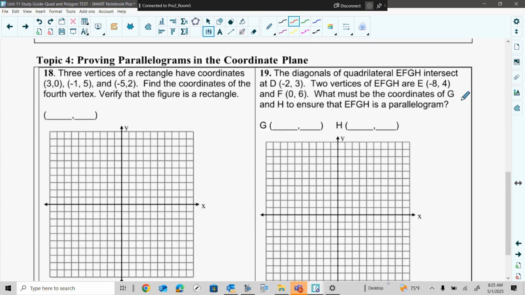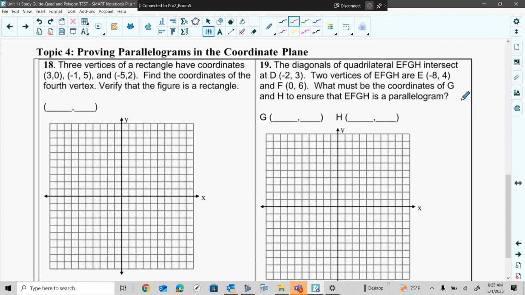Okay, now we get into the coordinate plane. We have to use slopes to find your missing points. So we start off with 3, 0. Then we have negative 1, 5.